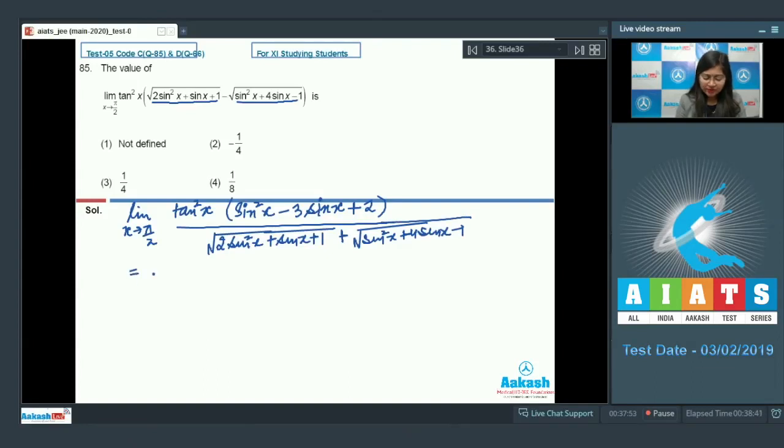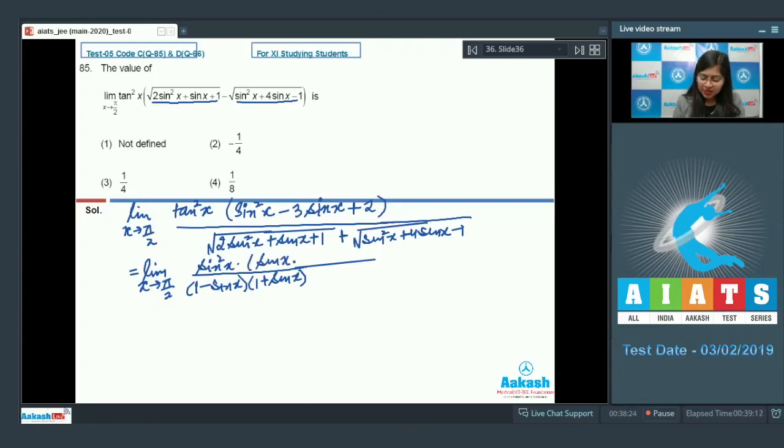Right? Now here it can be further written as limit x tending to pi by 2. Tan square x can be written as sin square x upon cos square x. Cos square x can be written as 1 minus sin square x. Making its factors, it can be written as 1 minus sin x into 1 plus sin x. Similarly, we can make the factors of this quadratic in sin x.